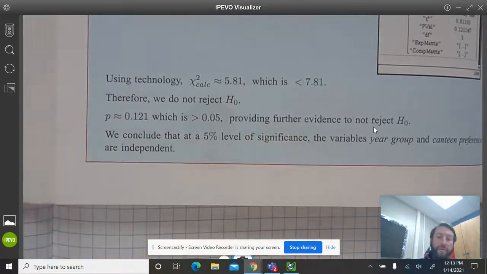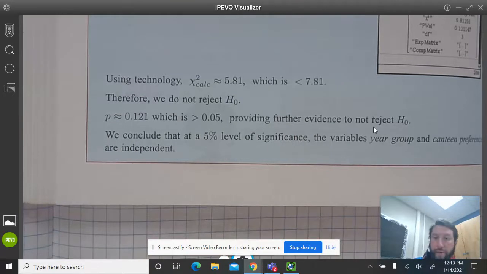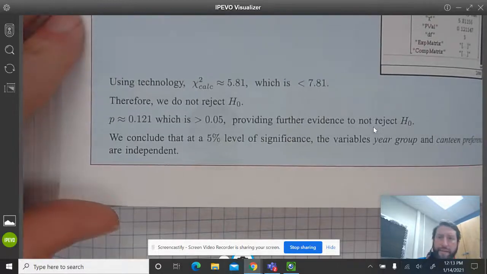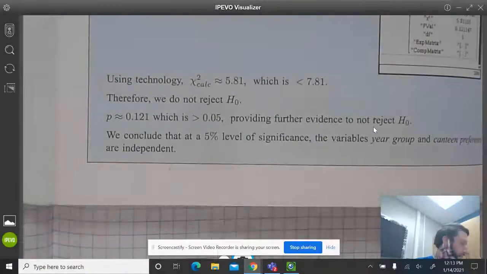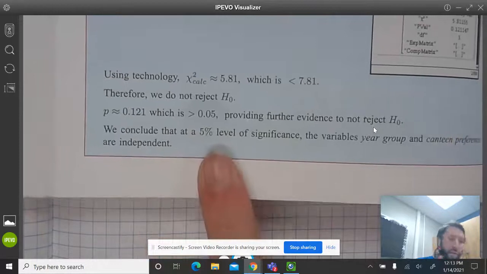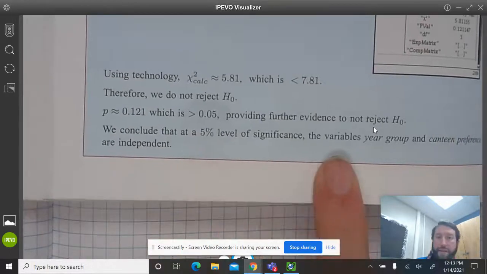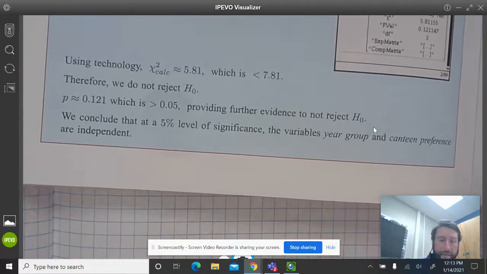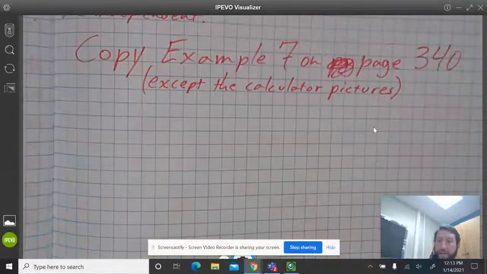Now you may run into a situation where it doesn't work out that way. And in that case, it's kind of indeterminate as to whether they really are independent or dependent. But based on this, I can conclude at a 5% level of significance, the variables, year group and canteen preference, are independent.